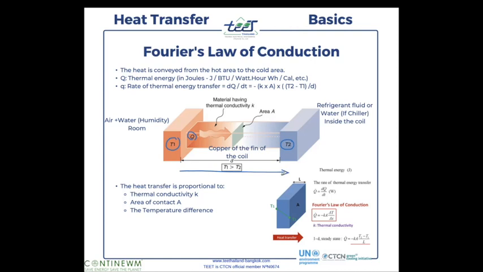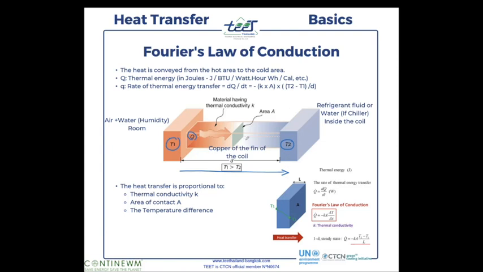And as you remember, conduction is in a material. This, for example, can be the wall of the house. The outdoor part of the wall is hot. If you measure the surface of the wall, it's hot outside, and inside the house, if you have air conditioning, it's cold. So this can be a brick wall or a concrete wall.